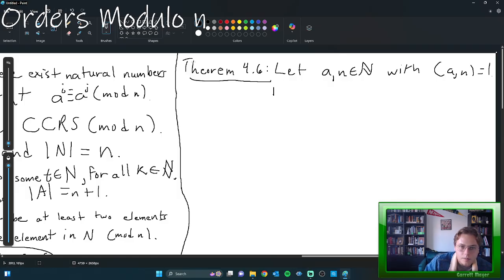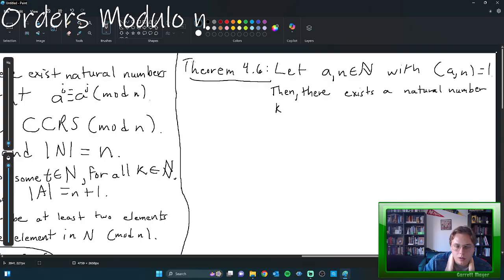Then there exists a natural number k such that a to the power k is congruent to 1 mod n.